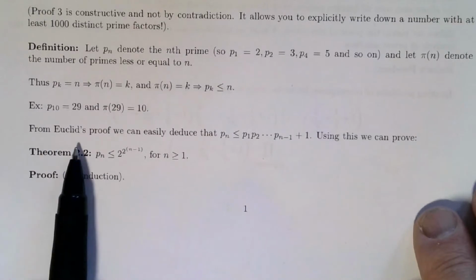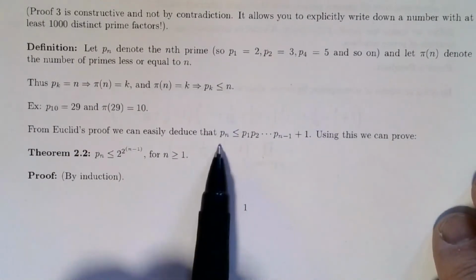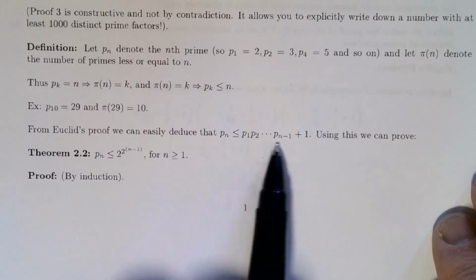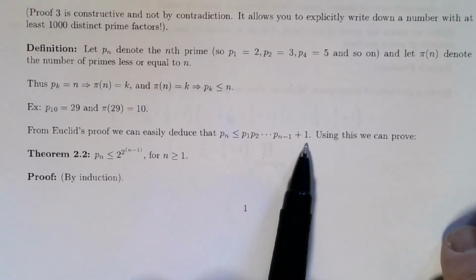Now from Euclid's proof, we can easily deduce that the nth prime must be less or equal to the product of the primes before it plus 1. That follows pretty easily from Euclid's proof that we went through above.